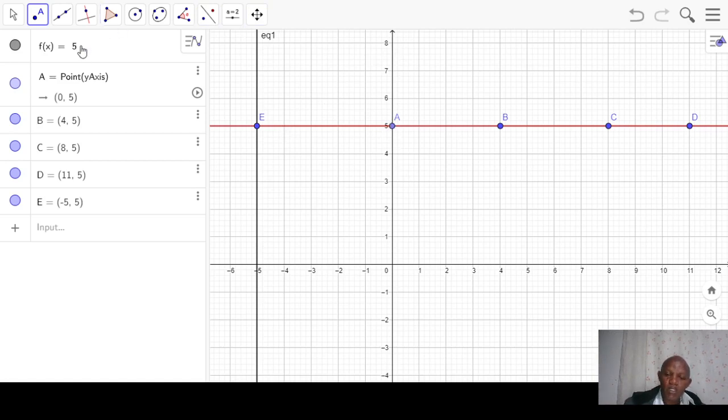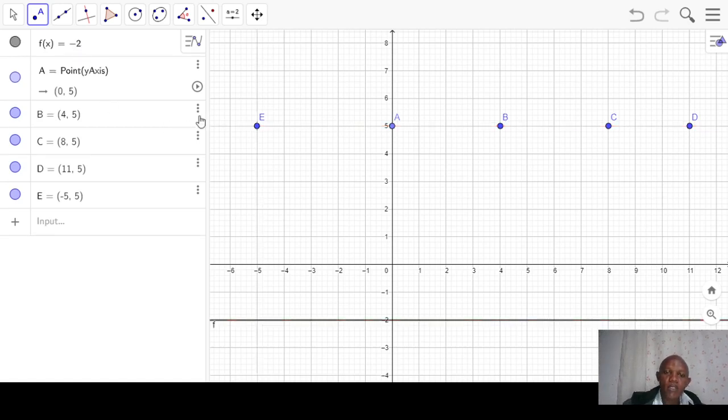Now let me change this and say I'm looking for the value of y which is -2. Again, you see this has shifted.